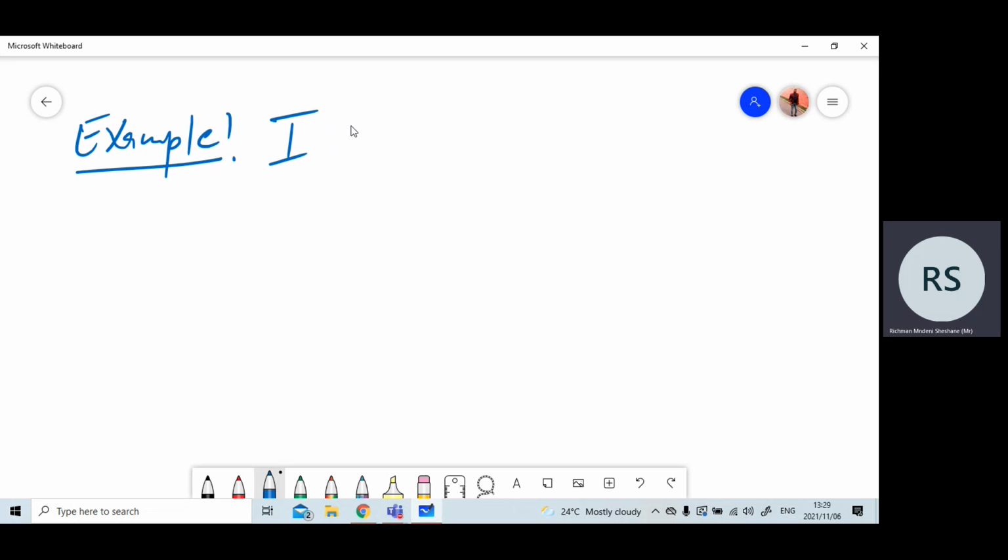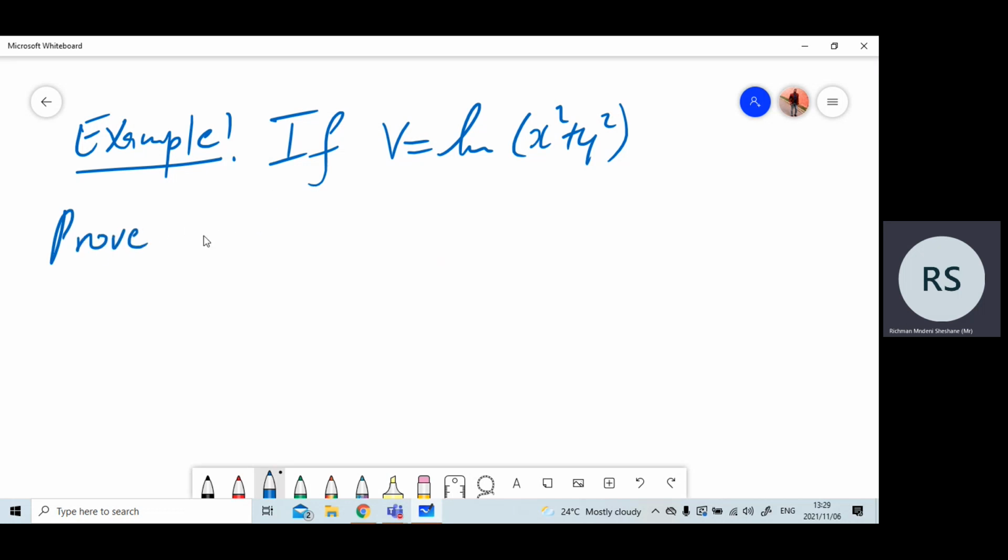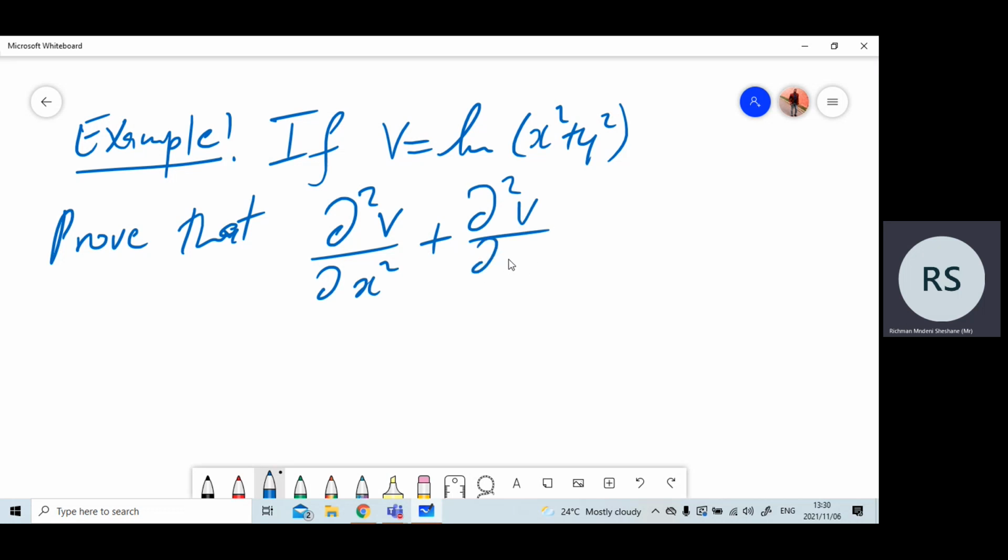If v is equal to ln of x squared plus y squared, prove that the second partial derivative of v with respect to x plus the second partial derivative of v with respect to y is equal to 0.